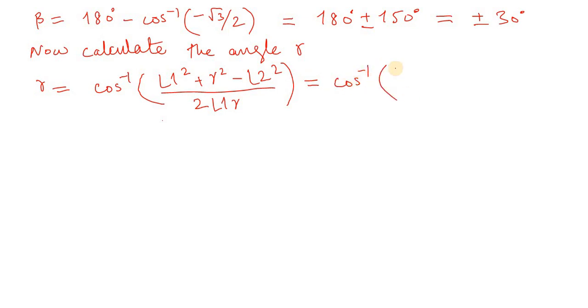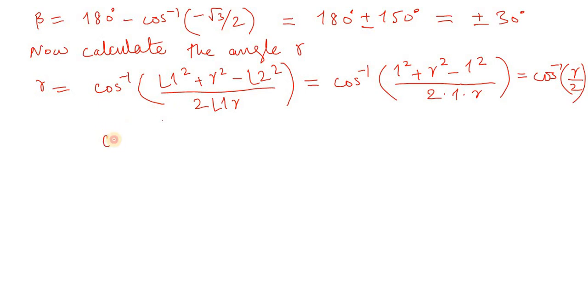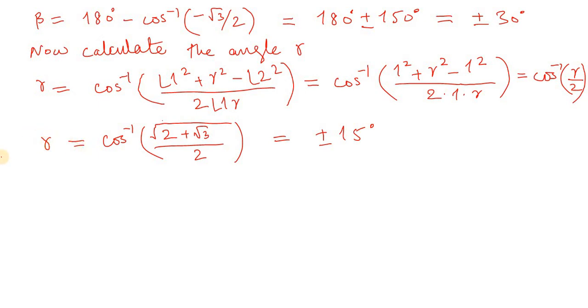Cos inverse, this should be 1 square plus R square minus 1 square to 1 into R, and this will be cos inverse of R by 2, and if you take cos inverse of, put the value of R, which is equal to 2 plus under root 3 divided by 2, we get plus minus 15 degrees.